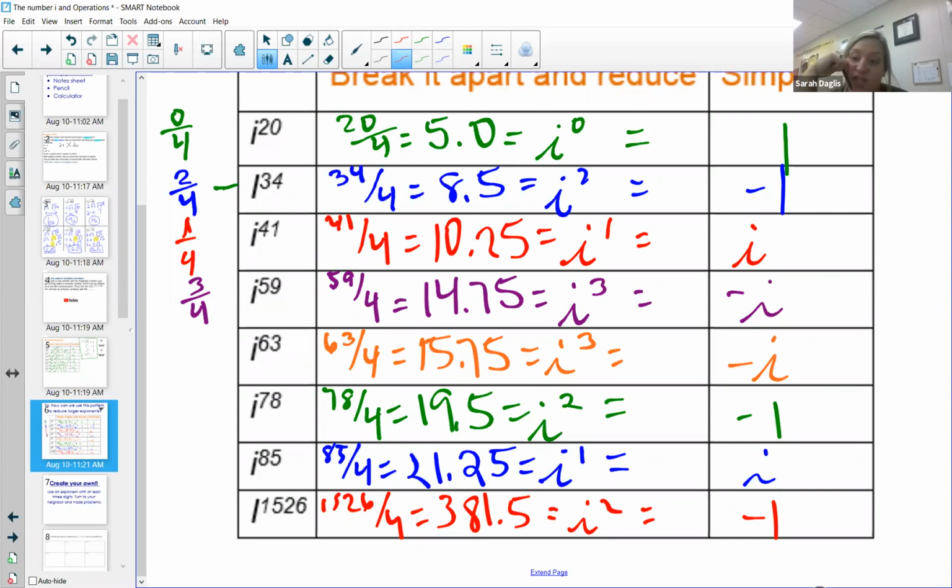The pattern will never change. It's always going to be those same 4 numbers, and it's always going to go in that same order. So i to the power of 1, negative i, negative 1, negative i, positive 1. And that starts over again. i, -1, -i, +1.